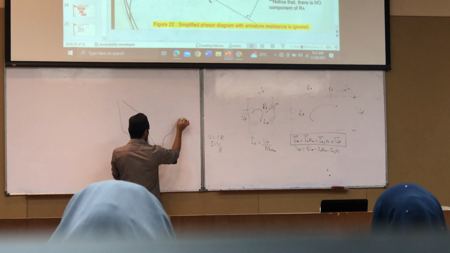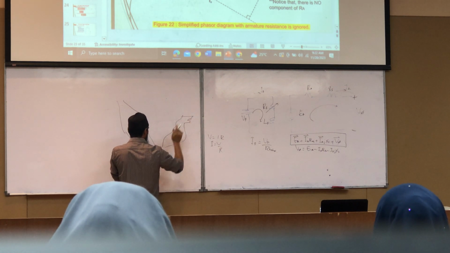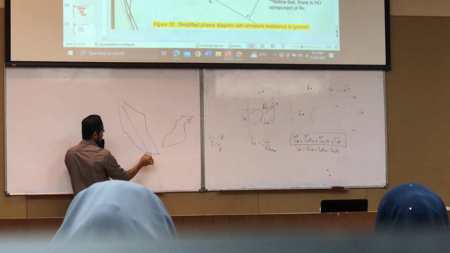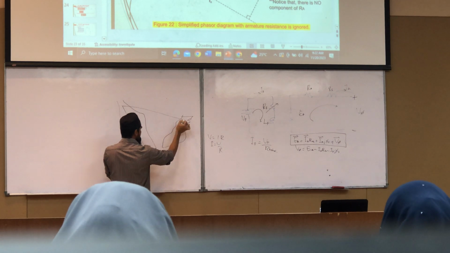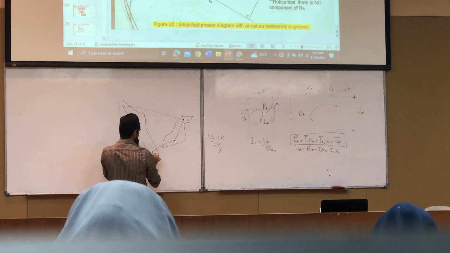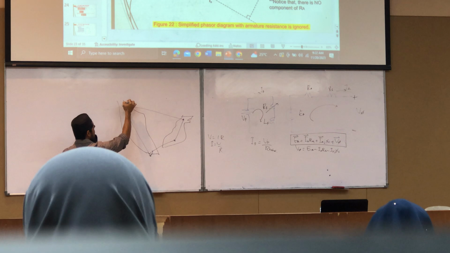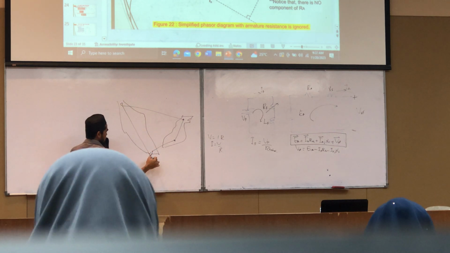So you pergi ikut direct daripada Perlis ke Singapura. Ataupun you boleh pergi ke Sabah, then turun ke Sarawak, pergi ke Johor, pergi ke Singapura. Nampak tak? So this is your reference, this is your ending.